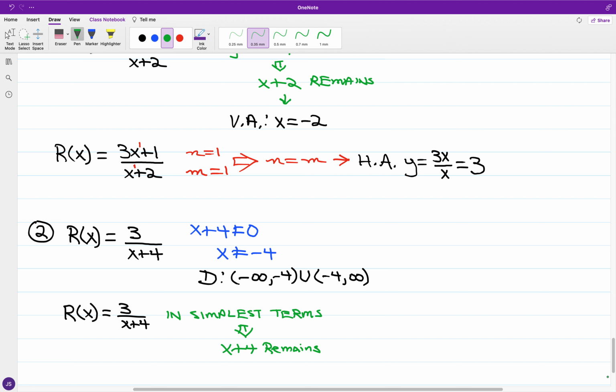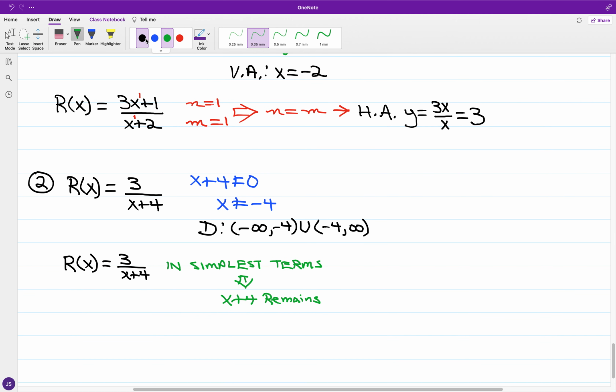And the excluded value from the domain is going to lead to the formation of the vertical asymptote.